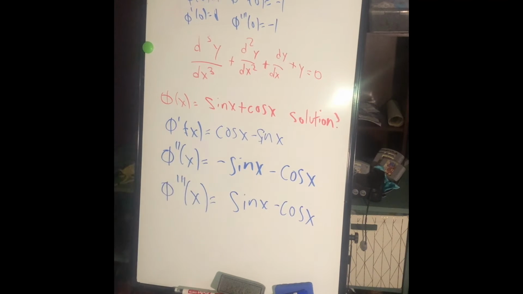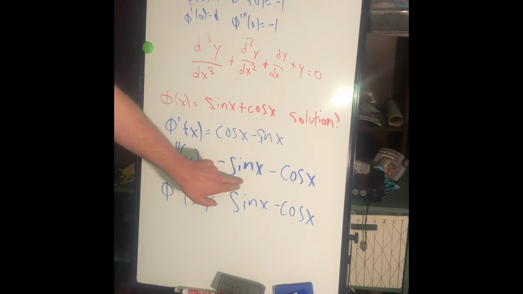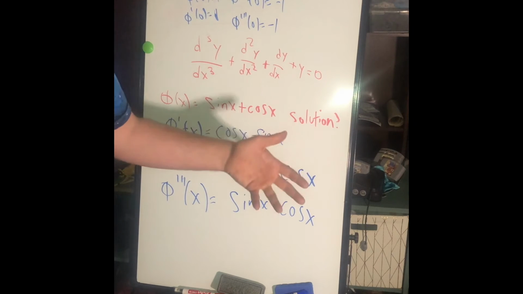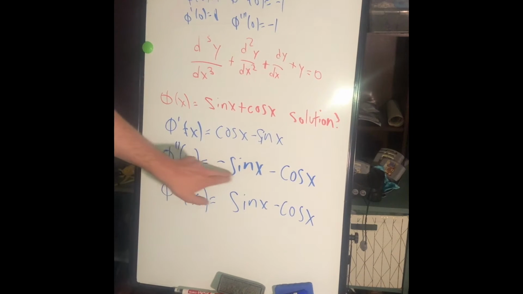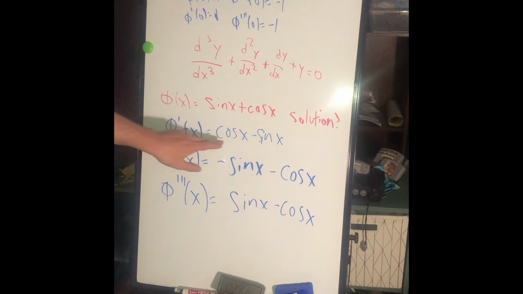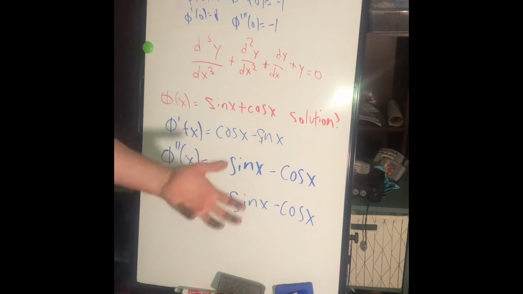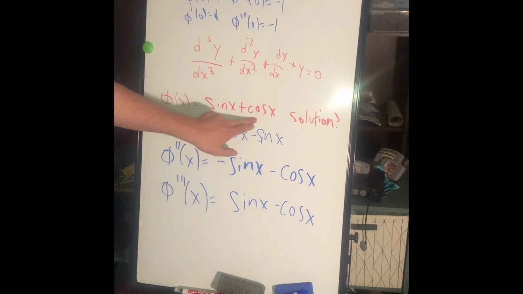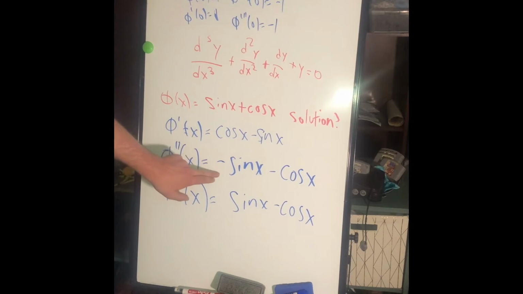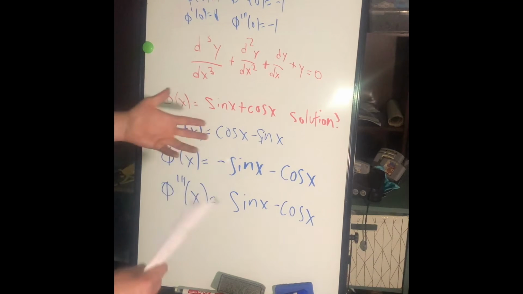So negative 1, and then we have negative 0 minus negative 1. Sorry, right, minus 0 minus 1. Minus 1. So this one is cosine of 0 minus sine of 0, which is just 1. And sine of 0 plus cosine of 0 is 1. 1 plus 1 minus 1 minus 1, 0. So it satisfies the equation.